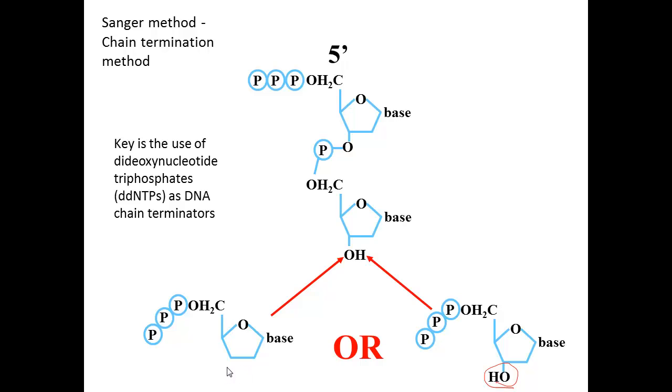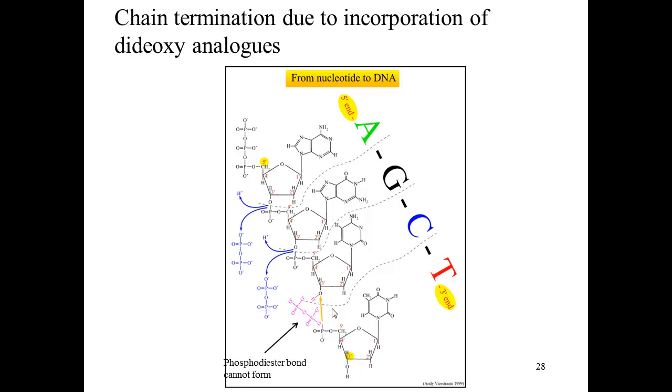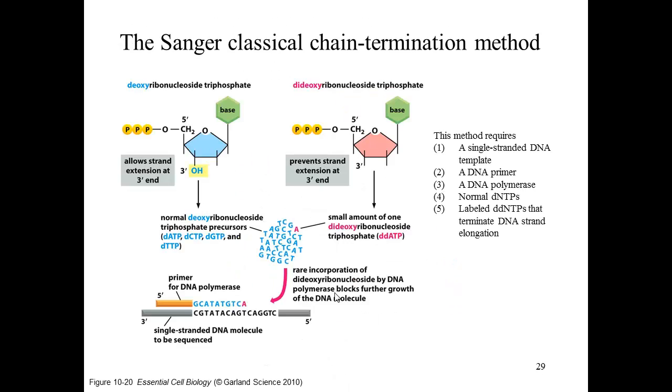When you put in a dideoxynucleotide, there's no hydroxyl here at the 3' position, and that will terminate the chain. You cannot synthesize that chain any further. Here we see how the 3' hydroxyl is involved in creating this phosphodiester backbone of sugar, phosphate group. When the hydroxyl is not present, the sequence terminates.